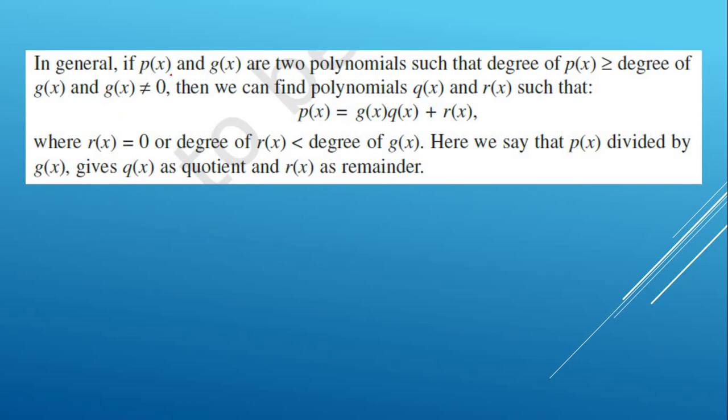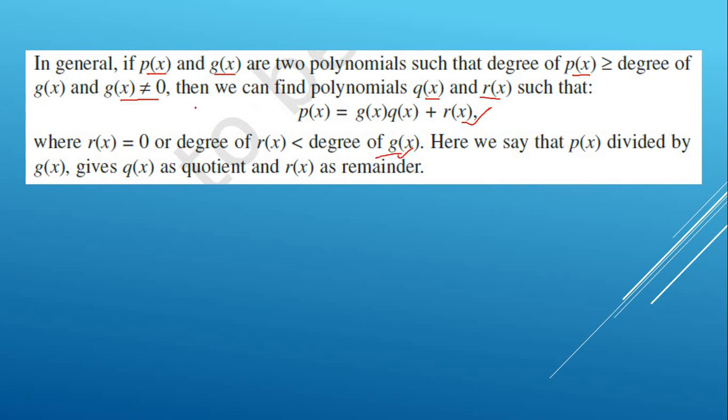So in general, p(x) and g(x), if they are two polynomials such that the degree of p(x) is greater than or equal to the degree of g(x), where g(x) should not be 0, then we can find polynomials q(x) and r(x) such that p(x) will be equal to g(x) into q(x) plus r(x), where either r(x) would be 0 or the degree of r(x) would be less than the degree of g(x).